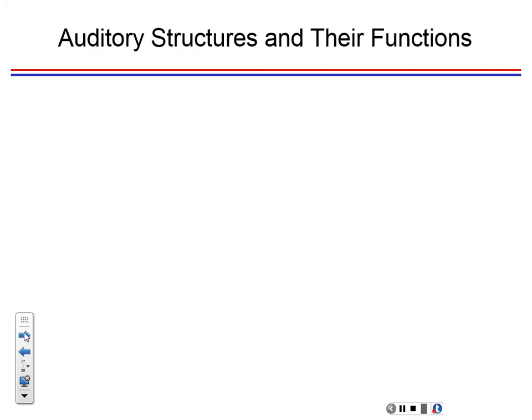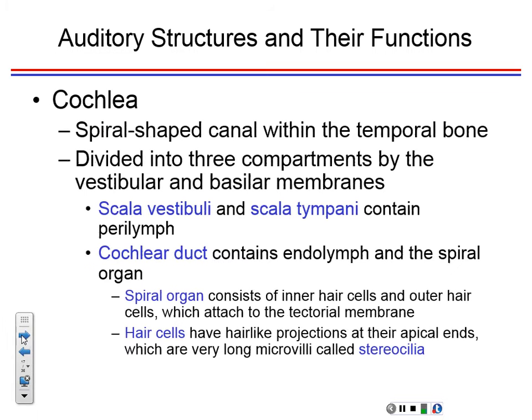And again, the semicircular canals also have endolymph and perilymph on the outside. Good. So we start with the cochlea for hearing. Then we'll go to the static and dynamic equilibrium. Like I said, these parts are all divided into threes.